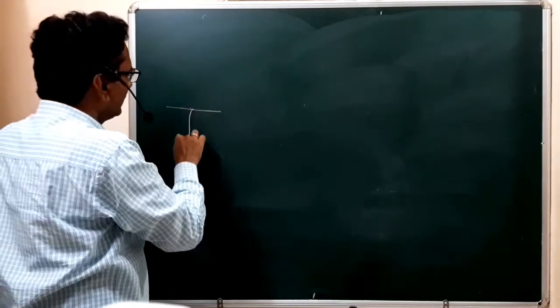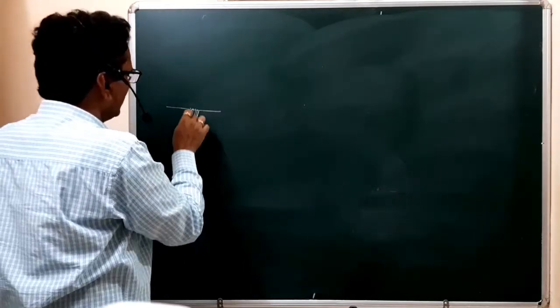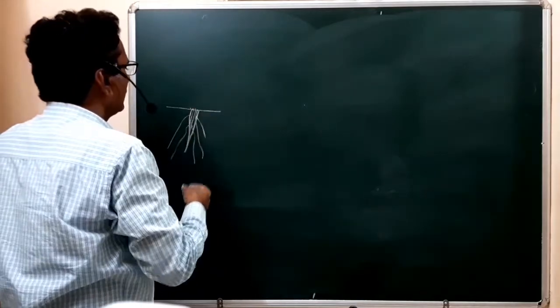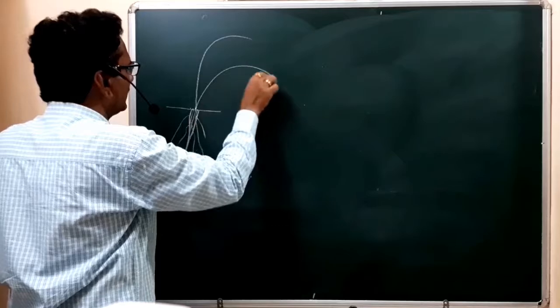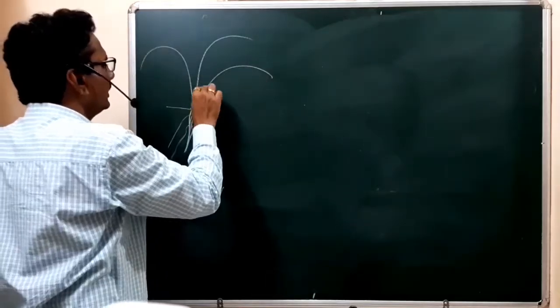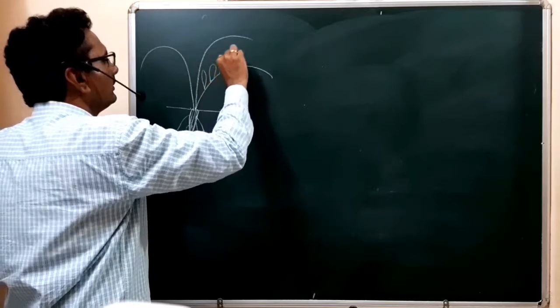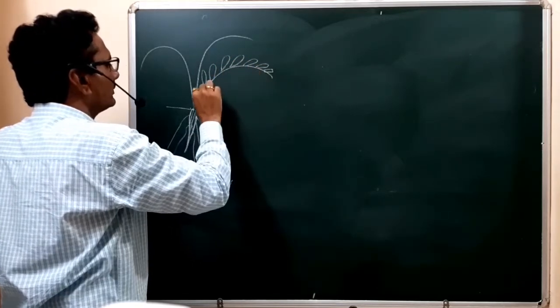This is the obliquely placed rhizomatous stem, and they have this type of adventitious root system, and such pinnately compound leaves, as seen in Nephrolepis.